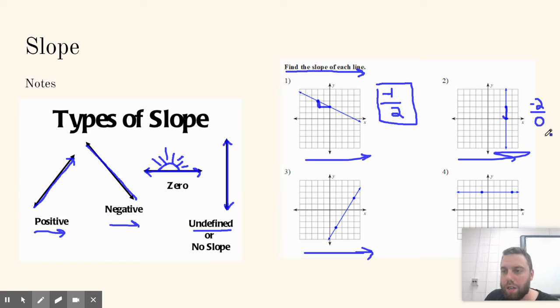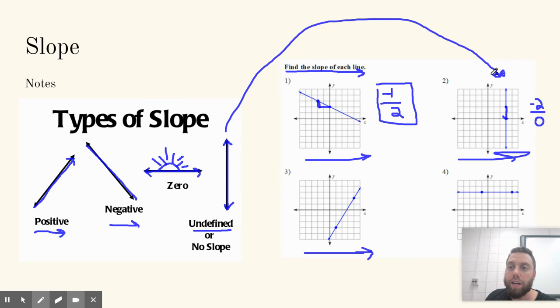And if you try to type this into the calculator, negative 2 divided by 0, it'll give you an error. The reason for that is you cannot divide by 0. Therefore, this slope is undefined. Any vertical slope is undefined. We noticed that this was a negative slope, which is why it was negative 1/2. This right here is undefined, so we can actually write out the word undefined.